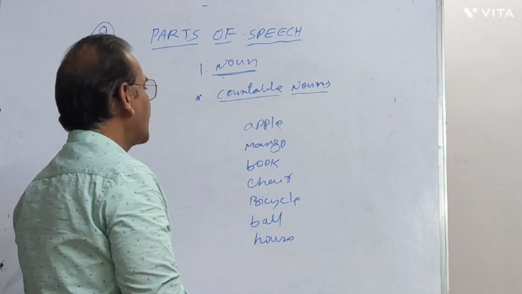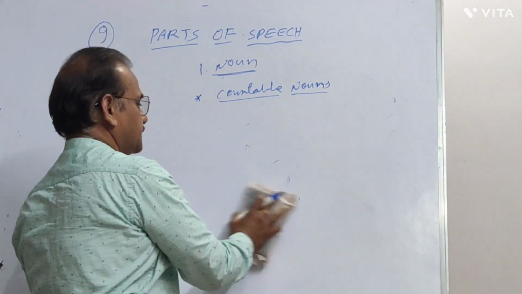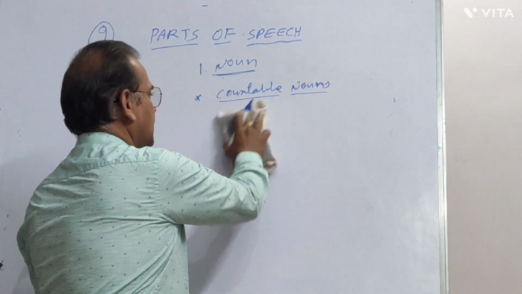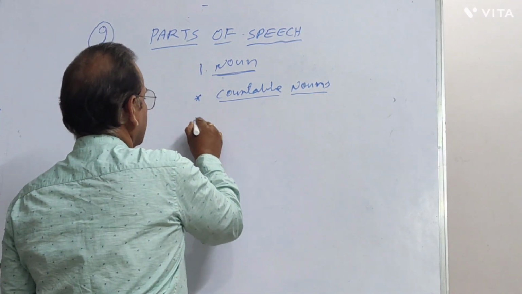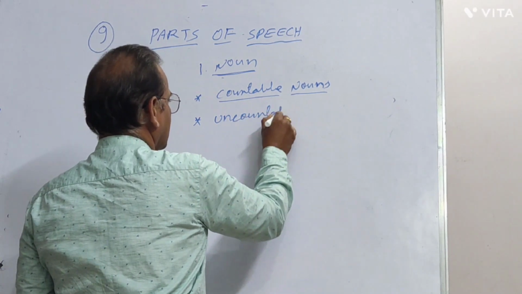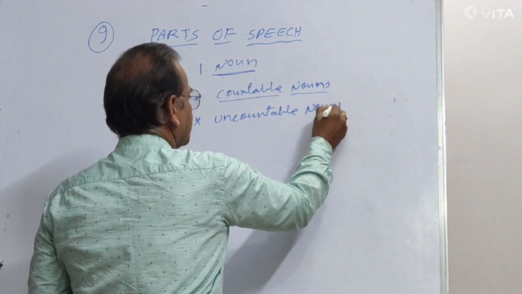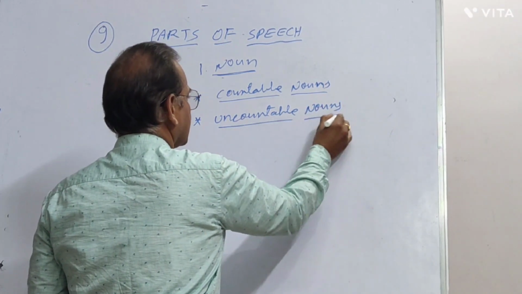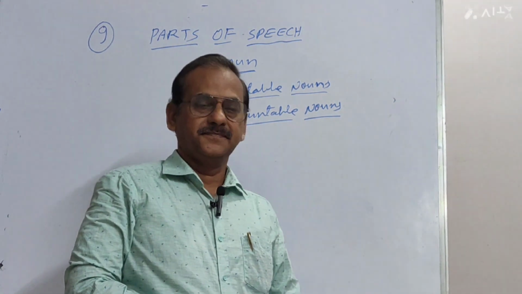Next we go for uncountable nouns. The second one is uncountable nouns. Some kinds of things are there.